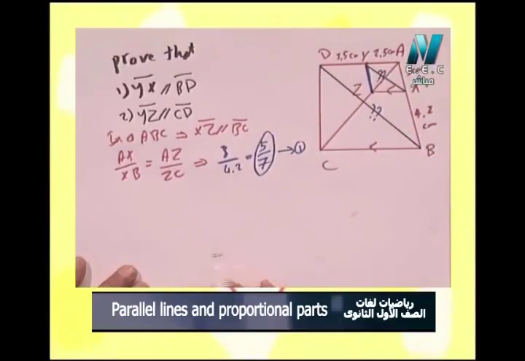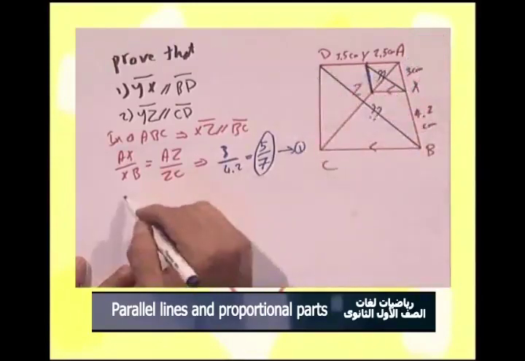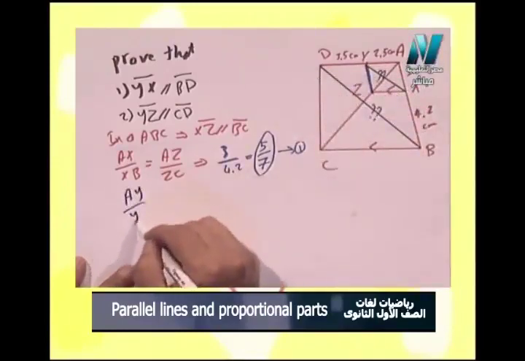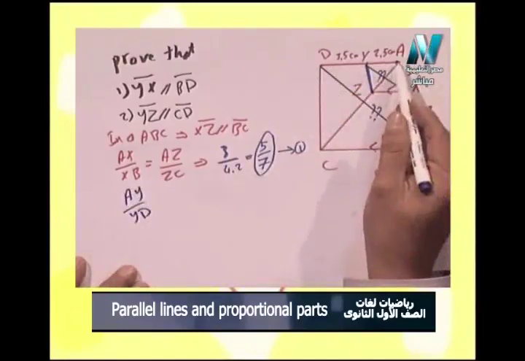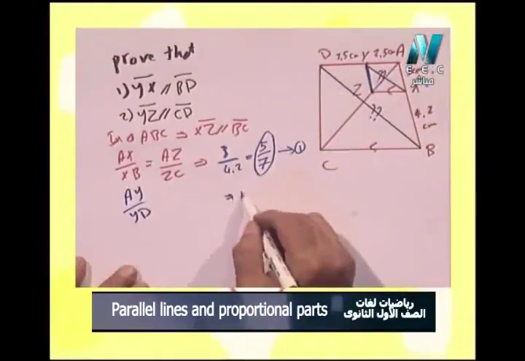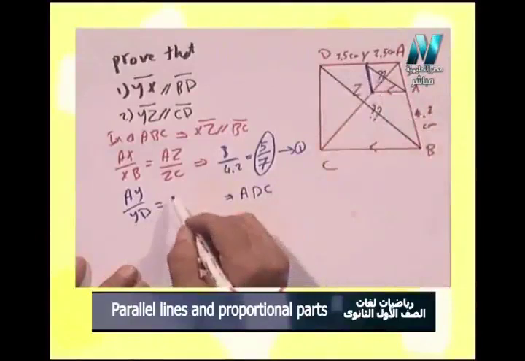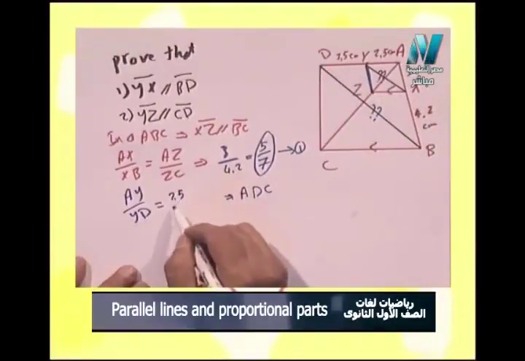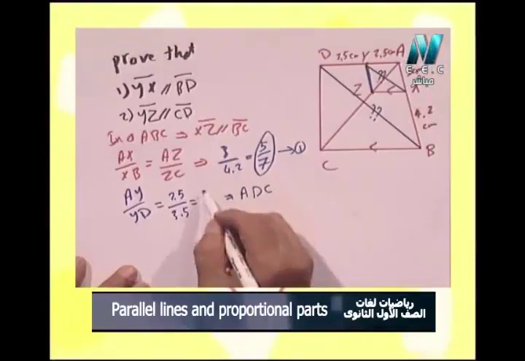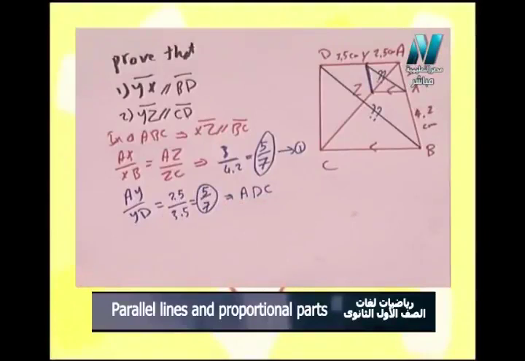And AY over YD, in triangle ADC, equals 2.5 over 3.5, and also equals 5 over 7. And this is number 2.